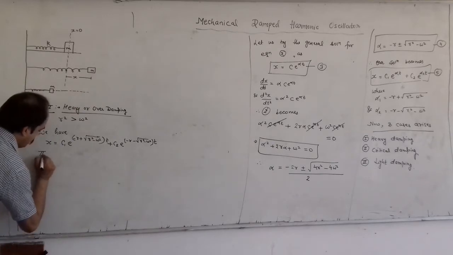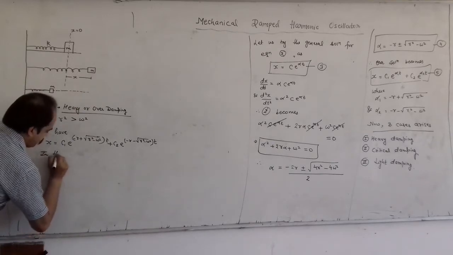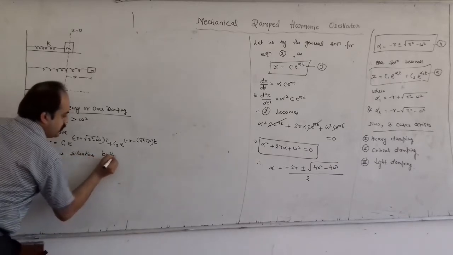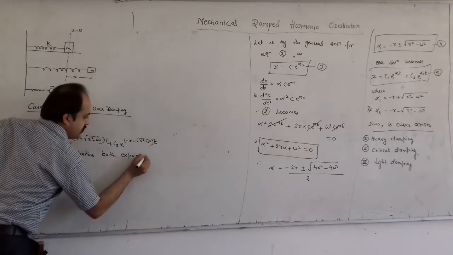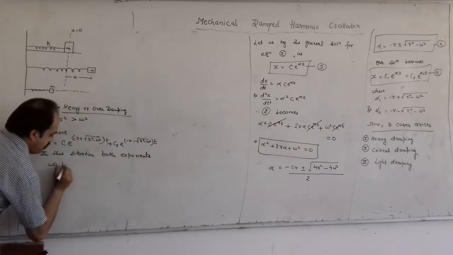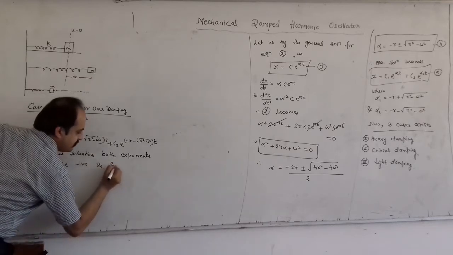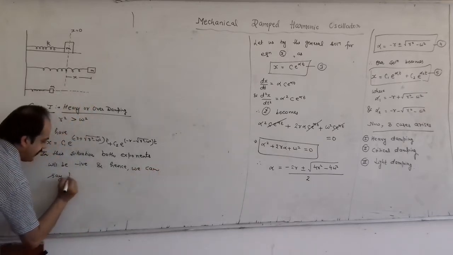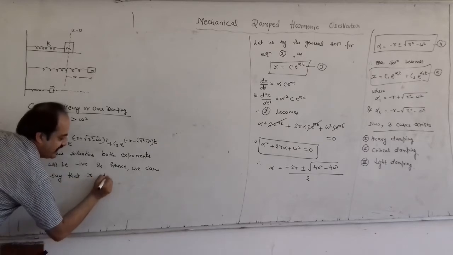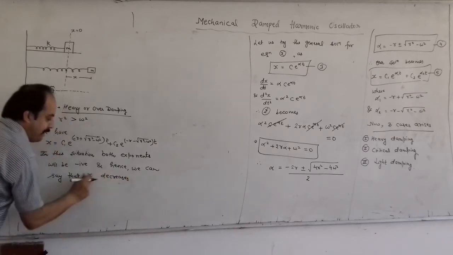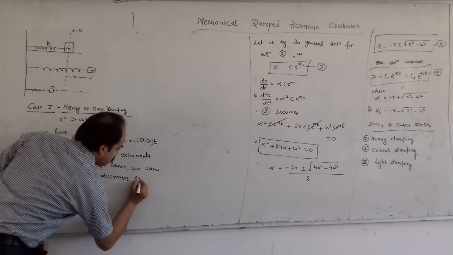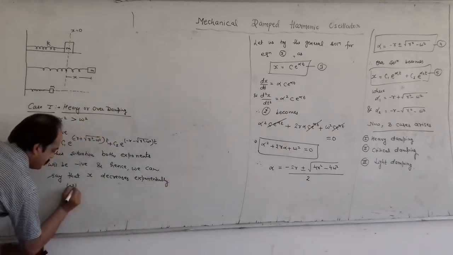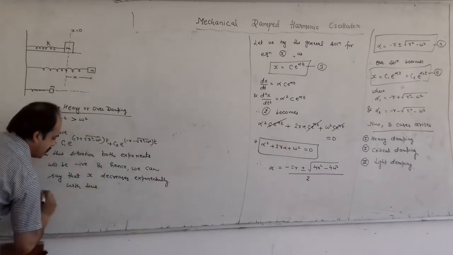So this shows that in this situation both exponents will be negative, and hence we can say that x decreases, that is, the amplitude decreases exponentially with time, and there will be no oscillation.